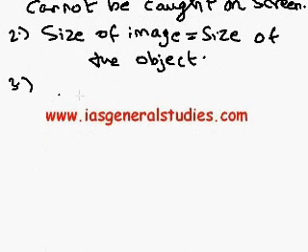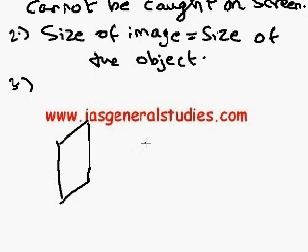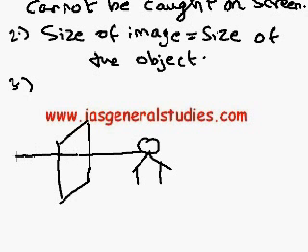I will put this in the diagrammatic format. Suppose this is the mirror and some person is standing here. The distance from the mirror to this object will be the same as the image formation inside the mirror, at the same distance. The image will be here.